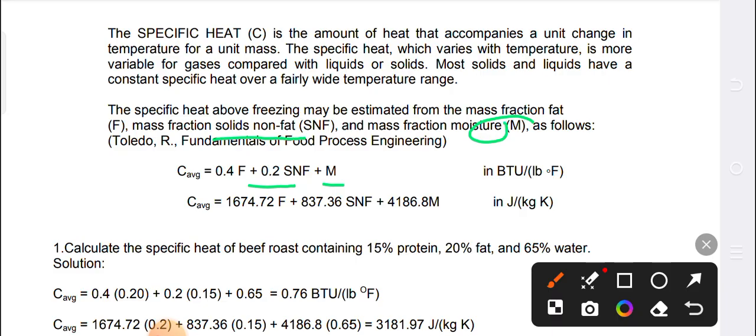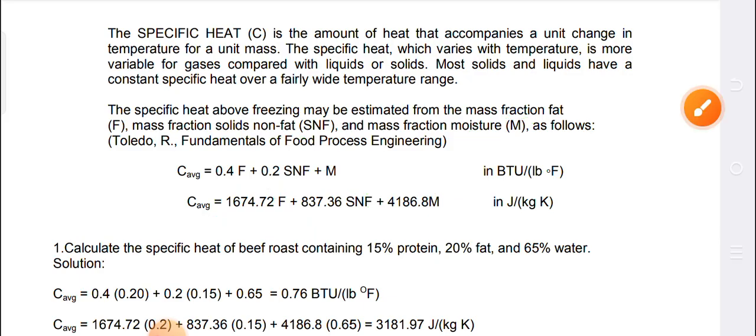Okay, or the estimated specific heat average could also be 1674.72 times the mass fraction of fat plus 837.36 multiplied to the mass fraction of solid non-fat and of course 4186.8 multiplied to the mass fraction of moisture.